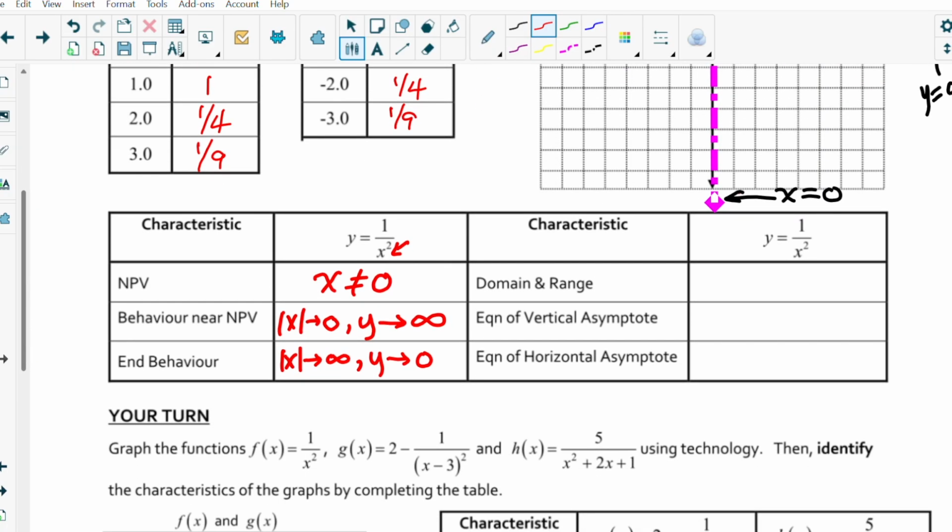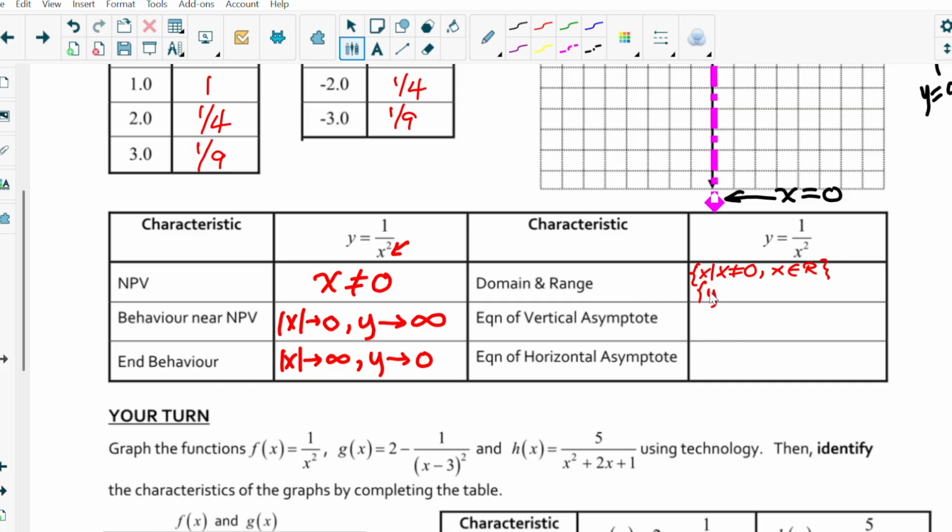Next, domain and range. Let me squeeze this in. I've got to write really tiny. x such that x does not equal 0, and x is an element of all real numbers.